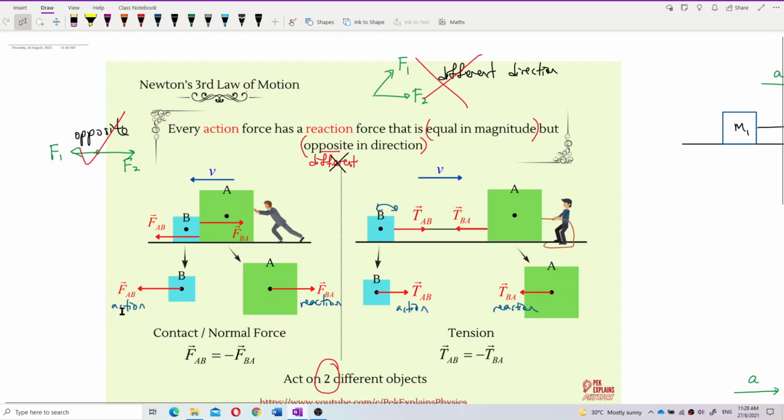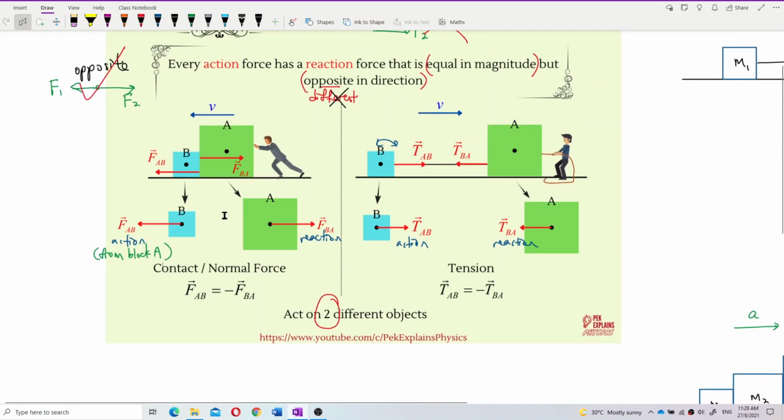This action force actually comes from block A. So I just want to write it down here. This action force actually is from who? From block A.